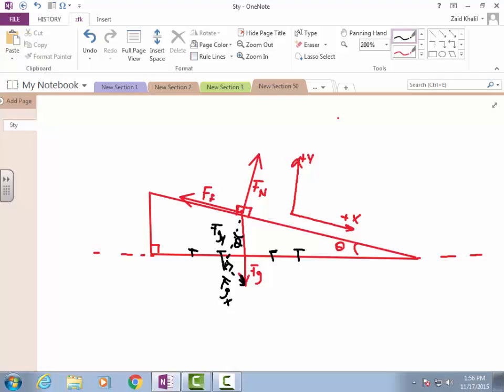Which two lines? This and this. Very good. So therefore, this angle is 90 minus theta, right? What else? No, I want to hear your logic.